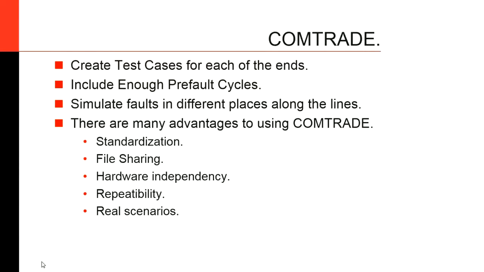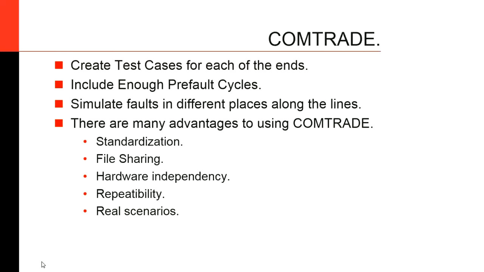Most, if not all, simulation tools used today to simulate power systems have the ability to generate COMTRADE files, which is what makes it so attractive. Because the COMTRADE files store the actual oscillography of whatever happens or is proposed to happen in the system, they can include the actual behavior of the power system, not just a steady state and another steady state, as we had with the states playback: pre-fault, fault, and then post-fault.